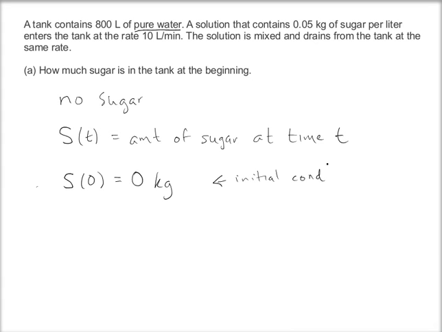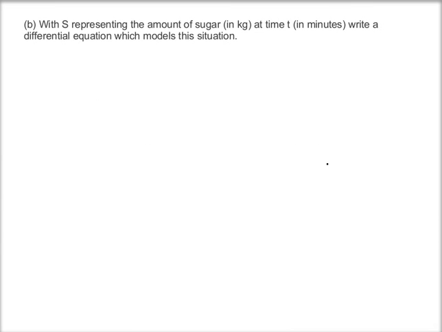Alright, let's look at part B. With S representing the amount of sugar in kilograms at time t in minutes, write a differential equation which models this situation. So we want to model how the amount of sugar in the tank is changing over time. So that's going to be given by the equation for dS over dt.